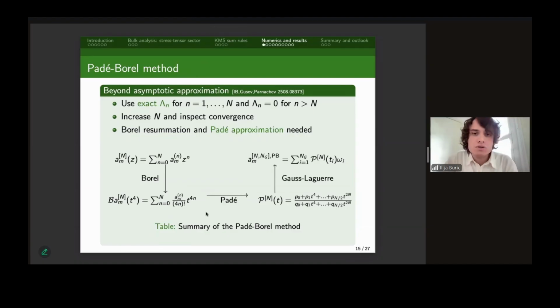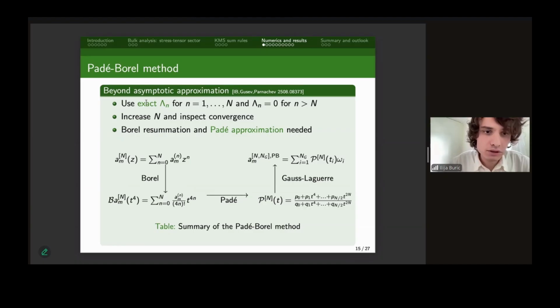Okay, so let me now go to the last paper and discuss the question: what if we want to improve? Can we do better than this asymptotic regime? Can we somehow compute this exactly, or exactly up to numerics?